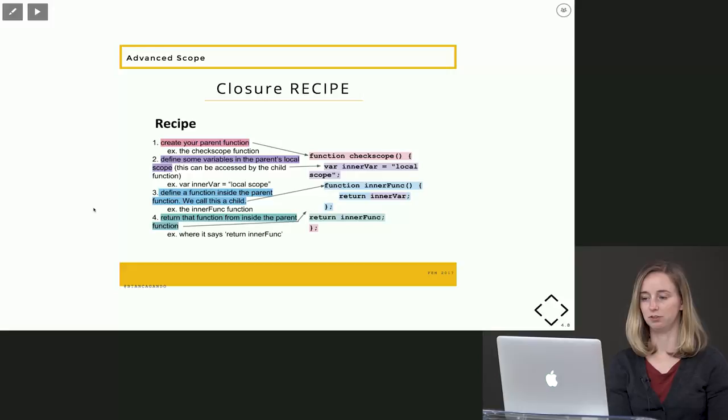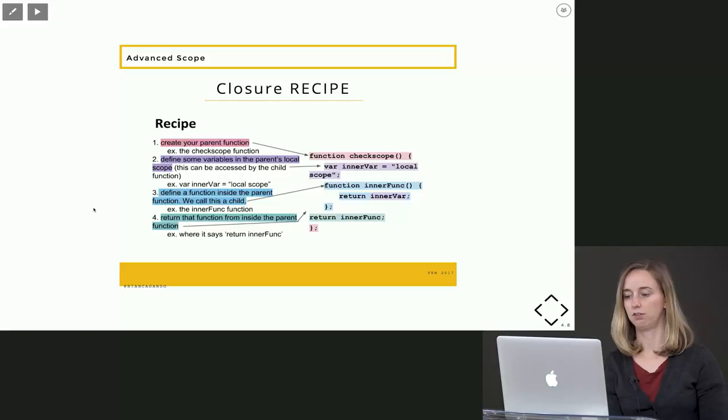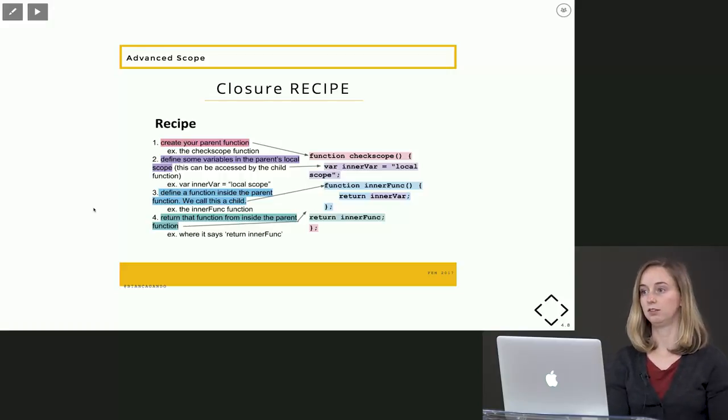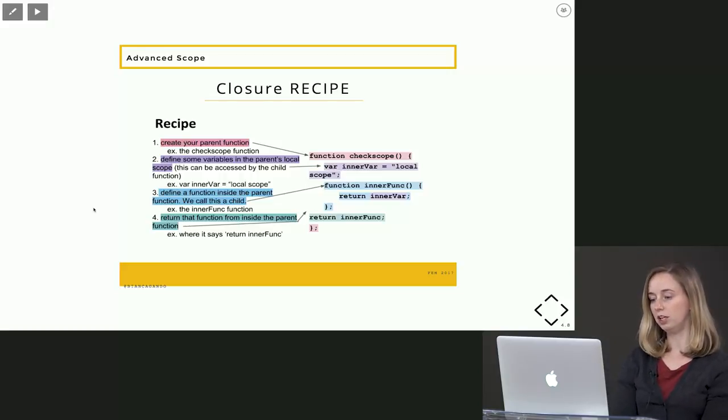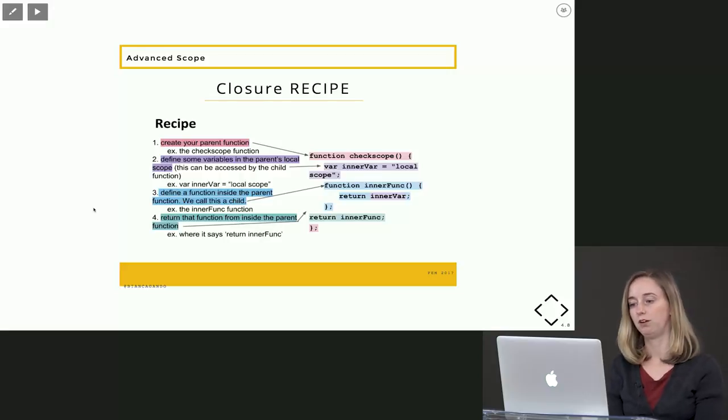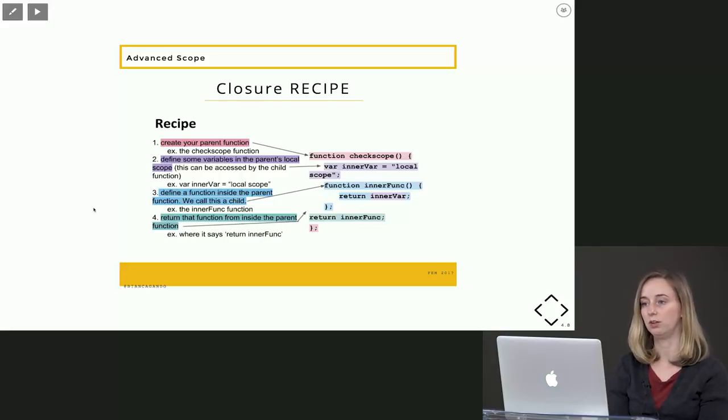So here's a recipe for a closure. Closures come in different forms, but this is kind of just a guide. So you have a parent function, right? And then you have your inner function. In between your parent function and your child function, you need to make sure that there's some variable there that you can store a value.